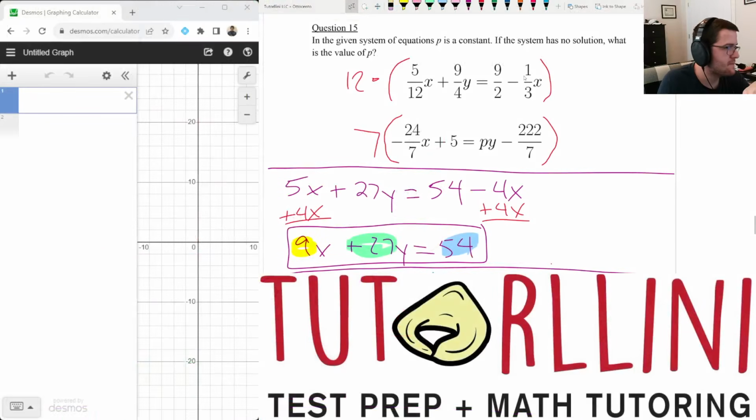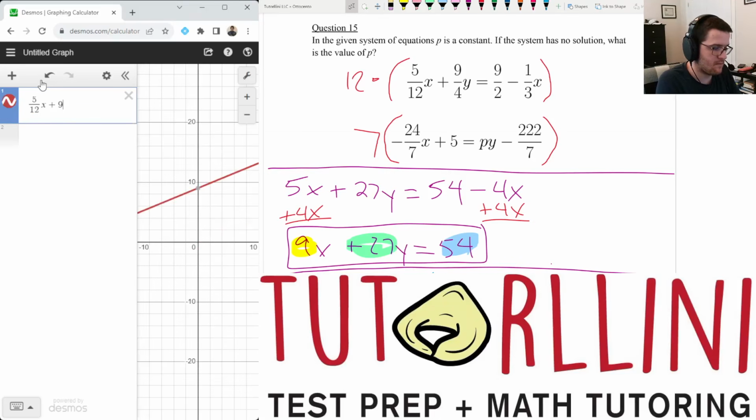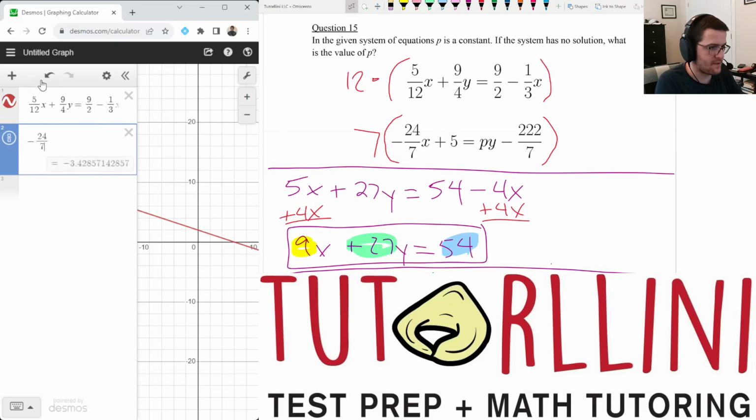Okay, let's go back over here. Type in the original equation exactly as written. Good. And this other one is negative 24/7 x plus 5 equals py minus 222 over 7.